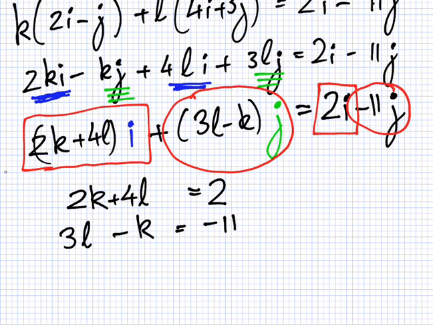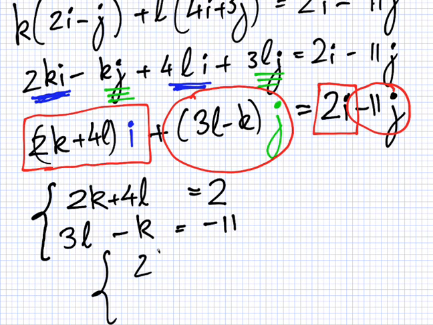Who remembers how to solve this from maths class, from high school? Simultaneous equations, yeah. So what's our first step? Second one by 2. Yes, because the k's can be the same. I think you're right, that'd be the easiest thing to do.